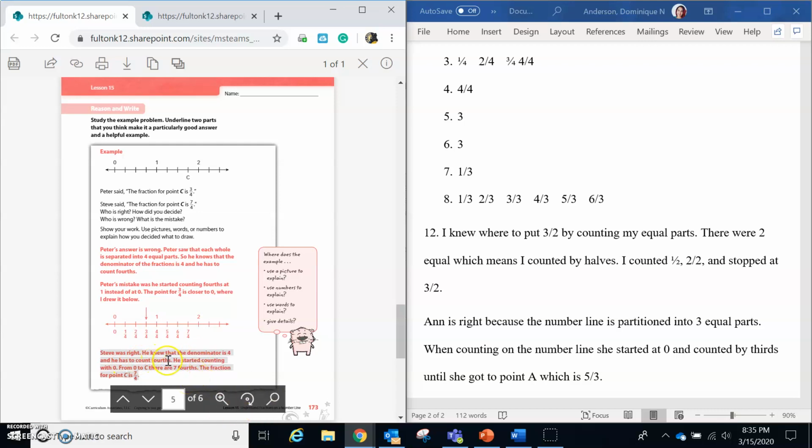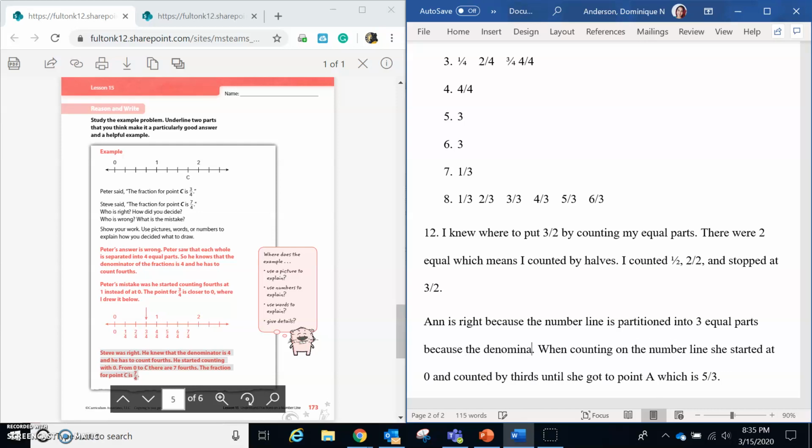Oh, but they said he knew that the denominator is 4. So we can add that into ours as well if we like to. So we can say Anne is right because the number line is partitioned into 3 equal parts, the denominator is 3.